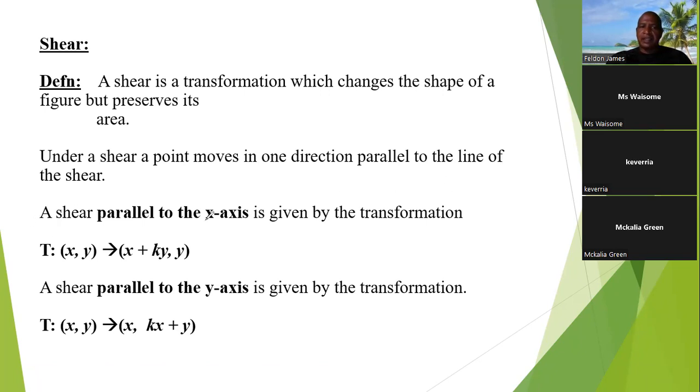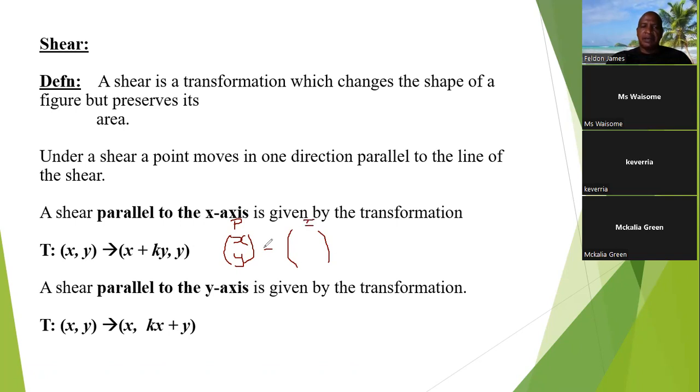So a shear parallel to the x-axis is given by this transformation. This mapping indicates that if you map the x value and y value of your pre-image to your image, then the shear parallel to the x-axis will affect the x value in the image.